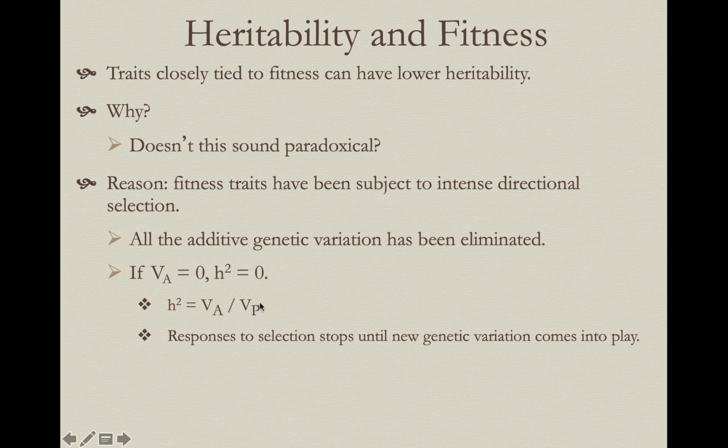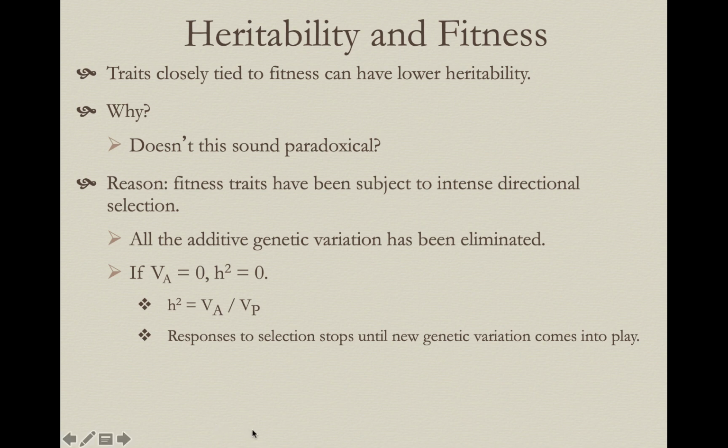So that means whatever phenotypic variation you still have in the population, well, it's due to environmental variation. But it doesn't mean that there isn't a genetic component associated with that trait. It just means that there isn't any remaining variation. There aren't any different alleles that will allow selection to do anything more with the trait. Selection has done so much with it, it's got us to the point where we have low heritability.